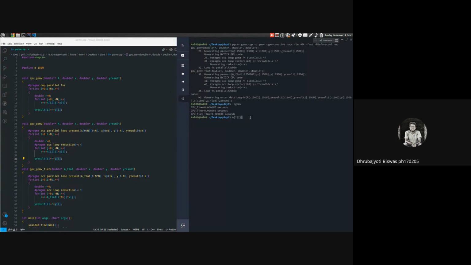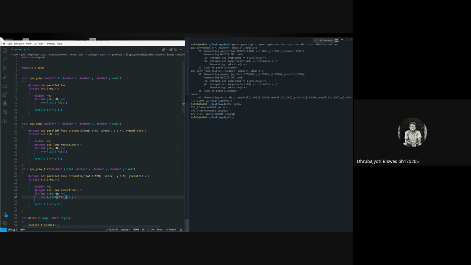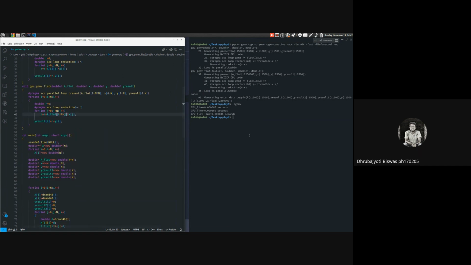But if you are going to flatten it out, this A_ij will correspond to A[i*n + j], where n is the size of one of the directions of the axis of the matrix. So to convert from a 2D object to a 1D object, you have to follow this indexing difference. If you do that, everything else is just the same. As you can see, I have done a flat A[i*n + j] times x_j. So this will give you good performance if you flatten it out.